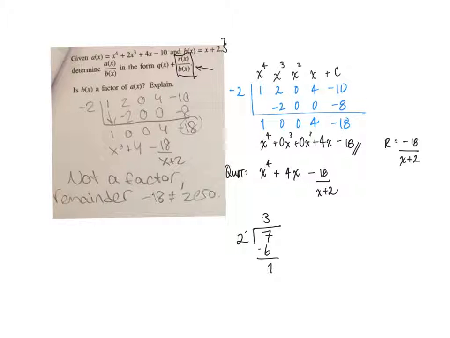So 7 minus 6 is 1, so my remainder is 1. So you could say it's 3, remainder 1. Or you could say this is the same as 3, and I have 1 part left over divided by my original divisor that I tried to divide in, 1/2. So my answer, when I try to divide 2 into 7, is actually 3 and 1/2.